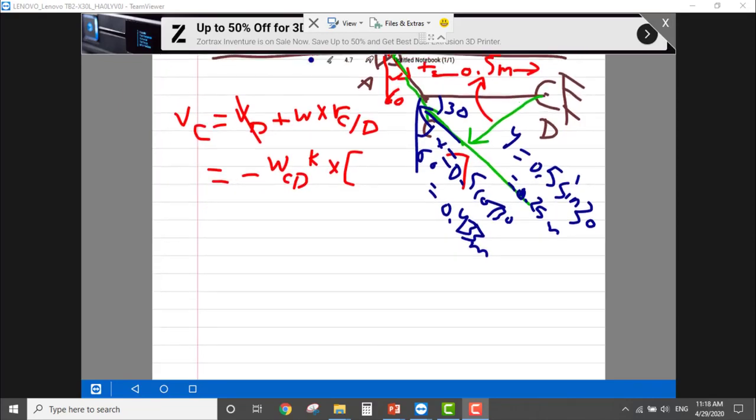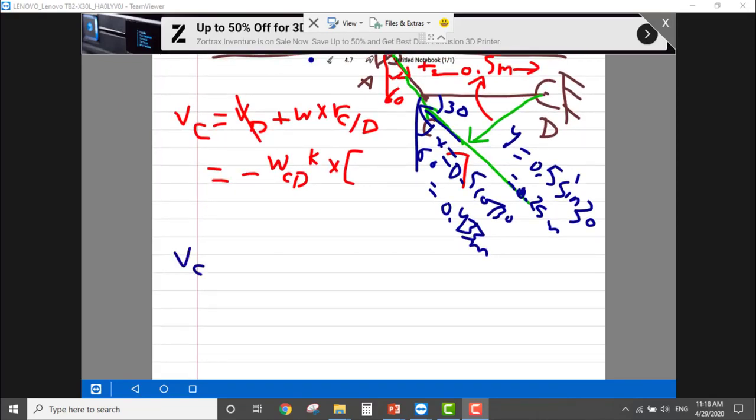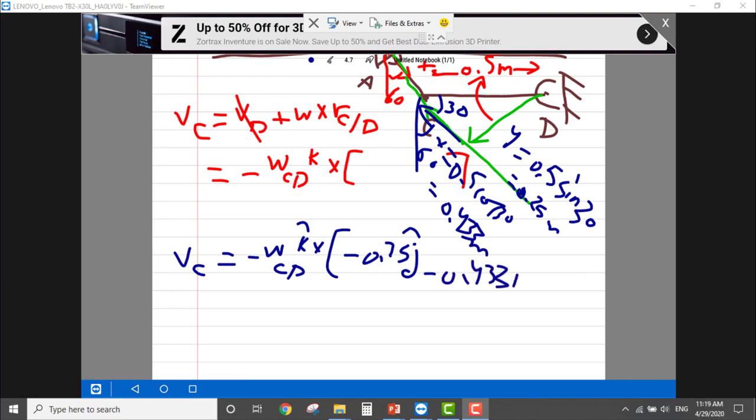So let me rewrite this equation in here. VC is equal to minus omega CD in K direction cross product. If I want to move from D to C, first I must go in the negative J direction, so negative 0.25 J, then negative 0.433 I. Okay, now we'll do the cross product.